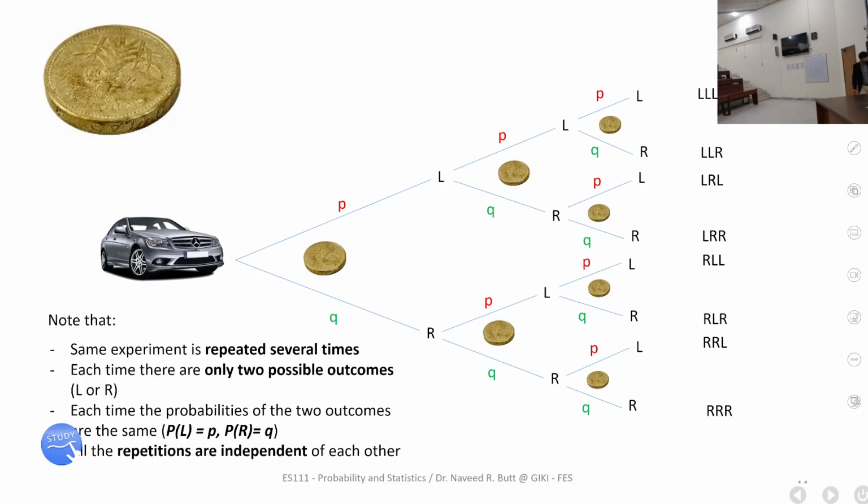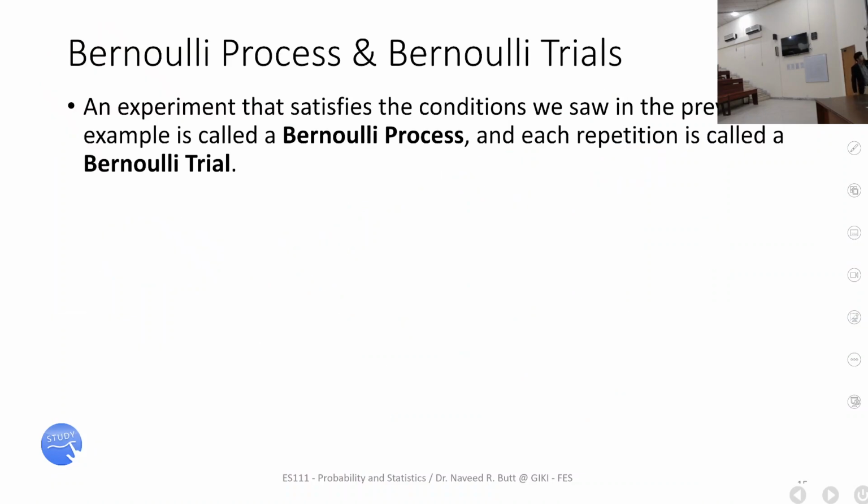I've already explained that. Now, an experiment that satisfies the conditions we just saw, we call it a Bernoulli process, and each repetition in it is called a Bernoulli trial. Okay, an attempt, whether you fail or pass. If you have lots of resistors in a lab and you randomly pick one, and the probability of a resistor being faulty and not faulty remains the same, whatever they are, and then you pick 1, 2, 3.